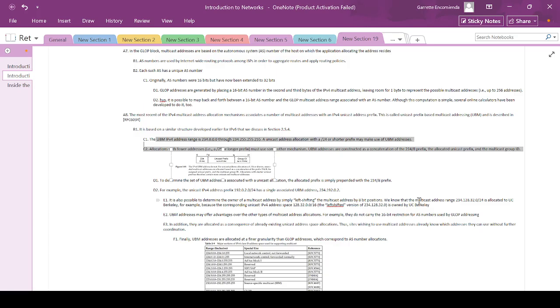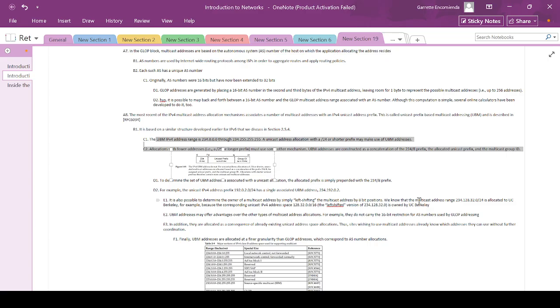A unicast address allocation with a /24 or shorter prefix may make use of UBM addresses. So it's from 234.0 through 234.255, and then it's those where that prefix resides.